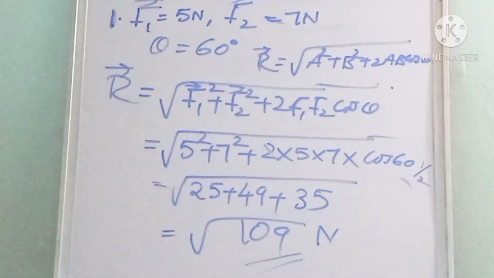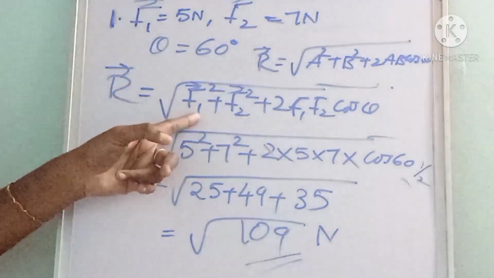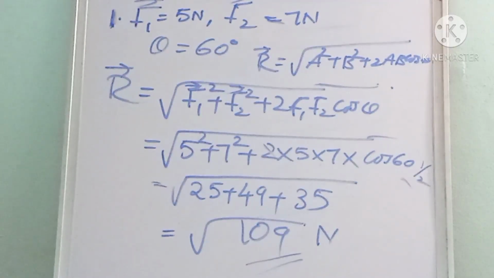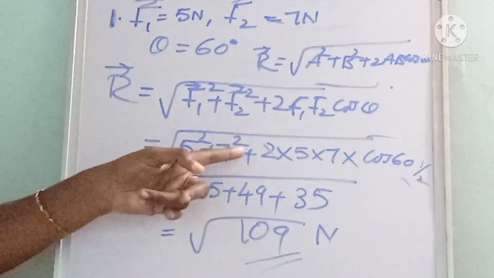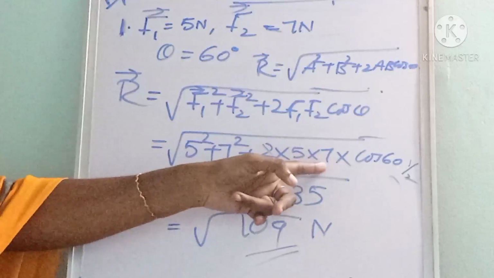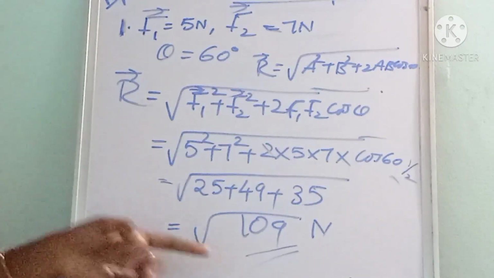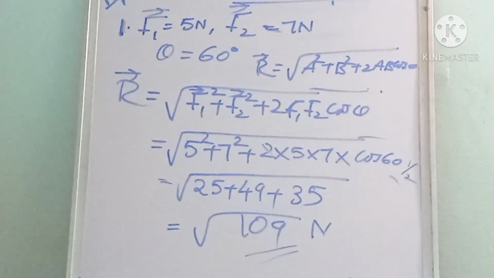Then instead of a square we can write F1 square plus F2 square plus 2 F1 F2 cos theta. Then we substitute the values: 5 square plus 7 square plus 2 into 5 into 7 into cos 60, which is 1 by 2. Simplifying this, we get the magnitude of the resultant vector as root 109 Newton.